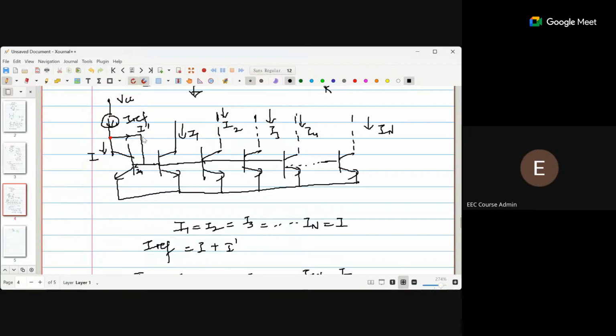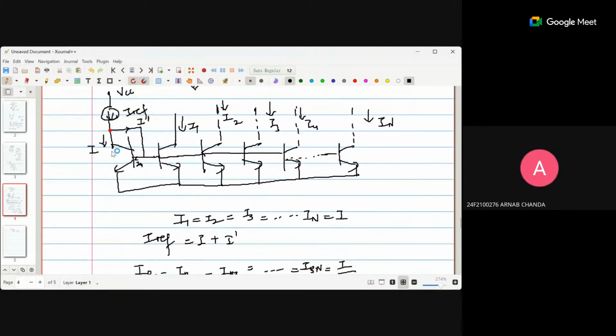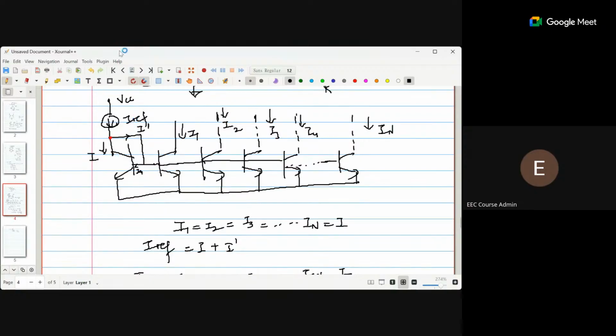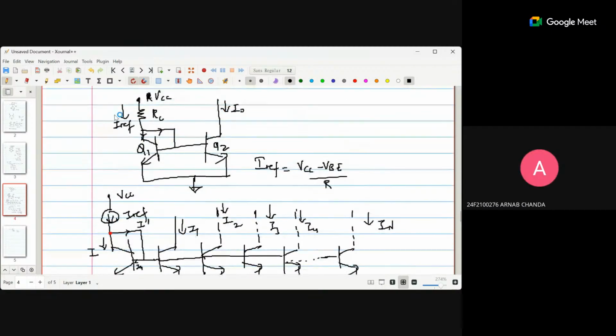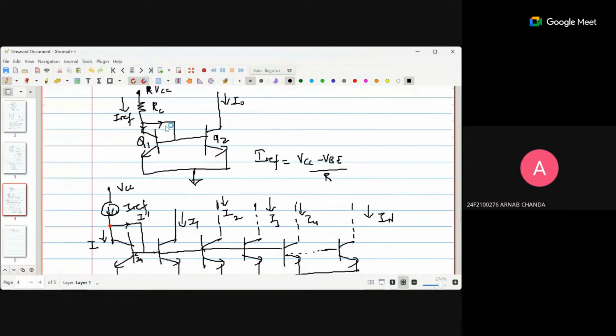I prime is this one. This current is actually driving these mirroring stages. Now, how may I calculate the I value or I prime value? I prime value is I by beta, but how may I know what the I value is? What I told you: this VCC minus this VBE by R. Here there will be a resistance R, okay? Correct? Yes. Got it.